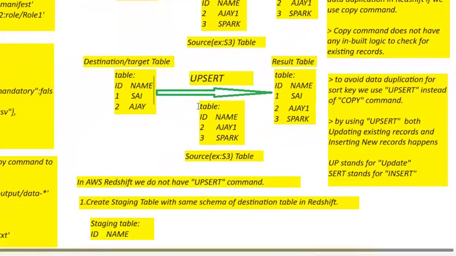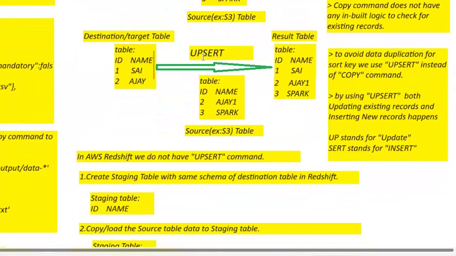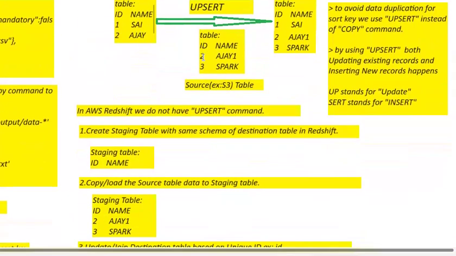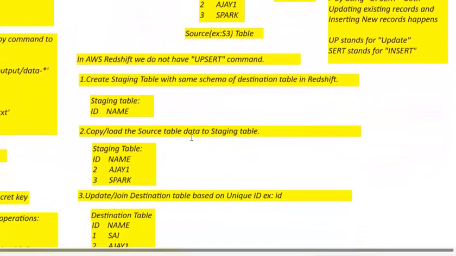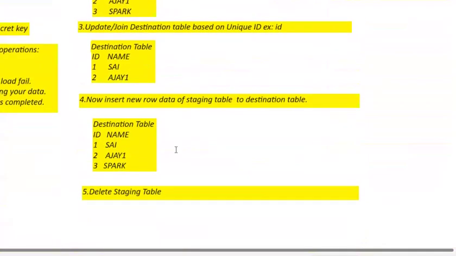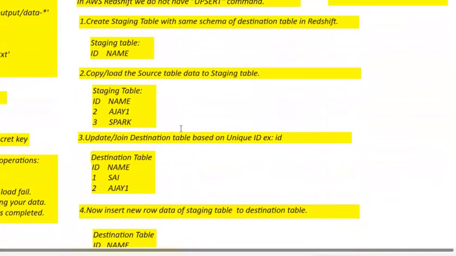Since we do not have an upsert command directly, what we do under Redshift is perform all these 5 steps by using SQL commands. Redshift uses the Postgres variant, so that is why we prefer to use Postgres variant commands.